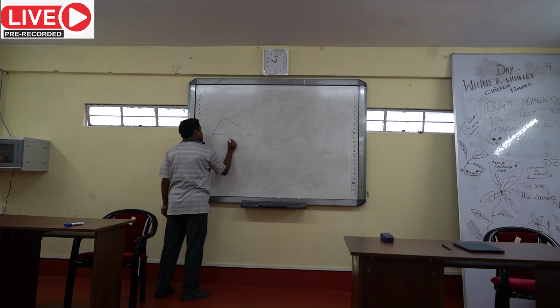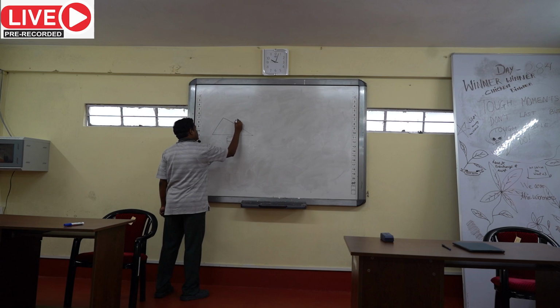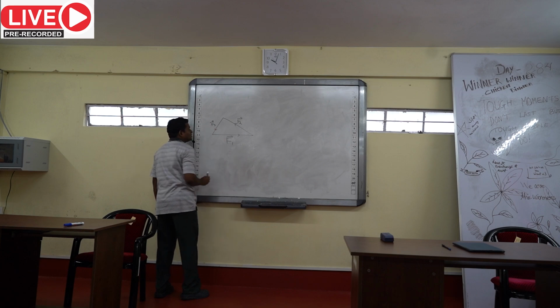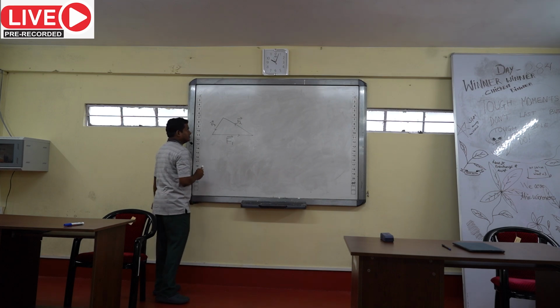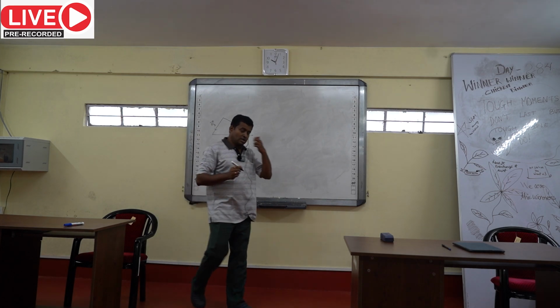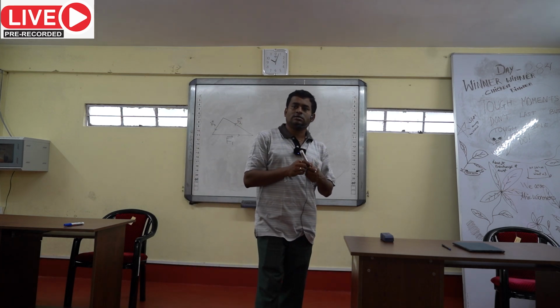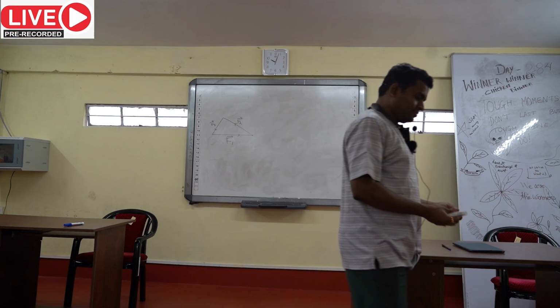This one is F1, this one is F2, this one is F3. The mass of the particle is m. The question: first draw this diagram.